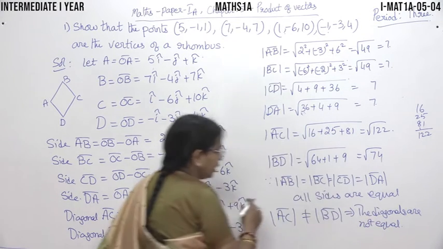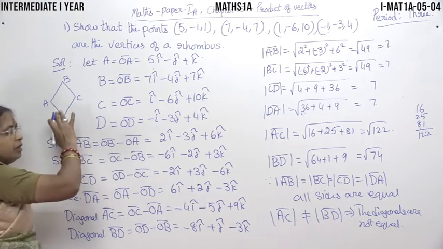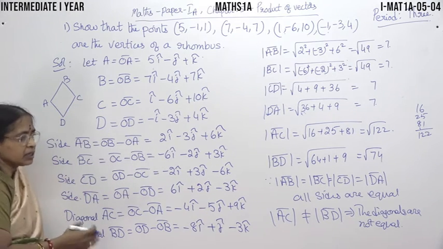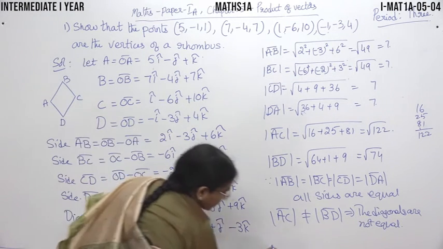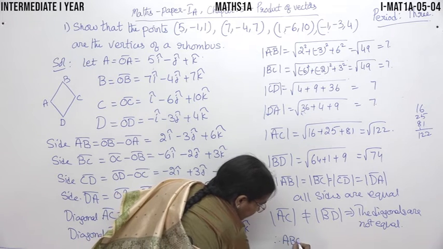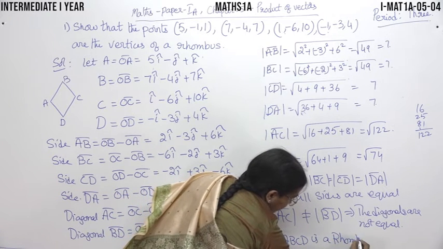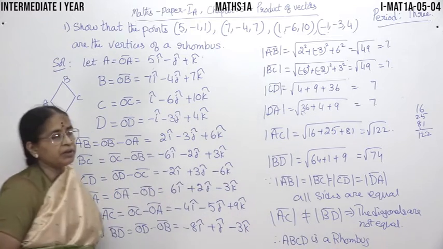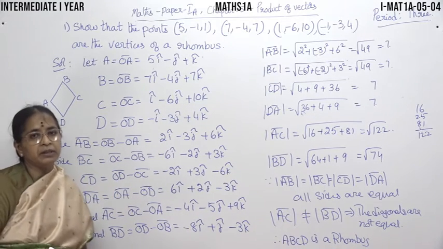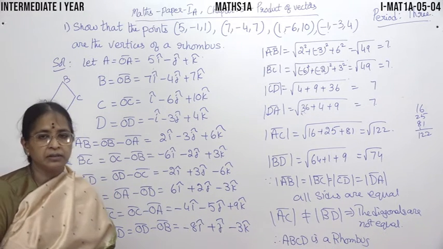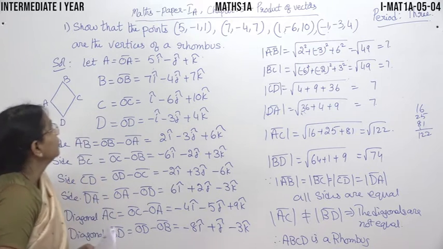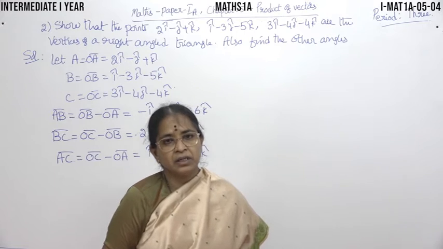So in a quadrilateral, if all sides are equal and diagonals are not equal, then it is a rhombus. Therefore, ABCD is a rhombus. Hence, it is proved. So, this problem is very important and you have a similar problem in 3 dimensions also, coordinates in 1B paper also. Okay, now the second problem.